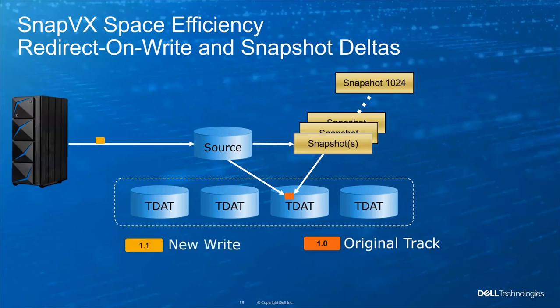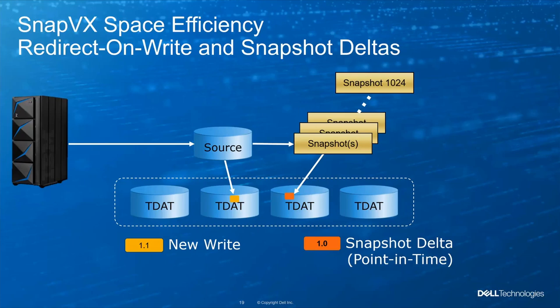When a new write comes into the source volume, it's written to a new area of the back-end storage resource pool, and the pointer for the source volume is updated. But the snapshots point to the original back-end point in time. So space does get consumed, because the new track was written to a space on the back end. If I had a linked target linked to this snapshot, and it was written to, it would behave the same way as the source did in this example.